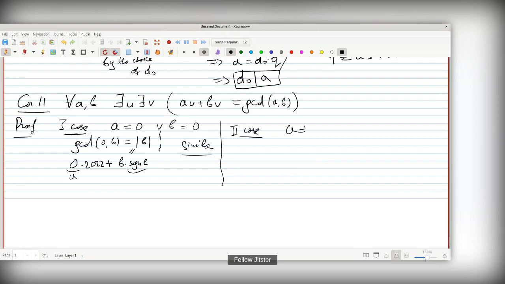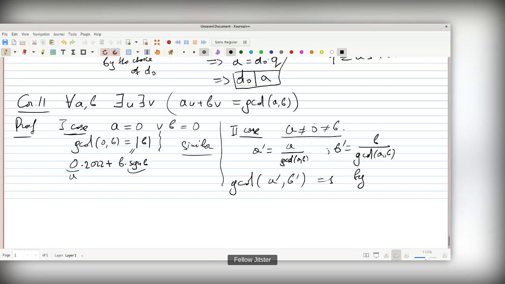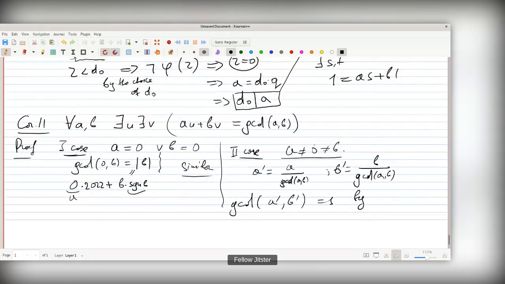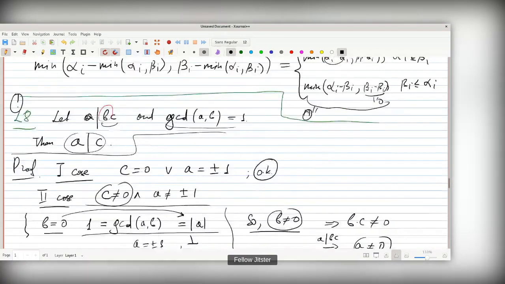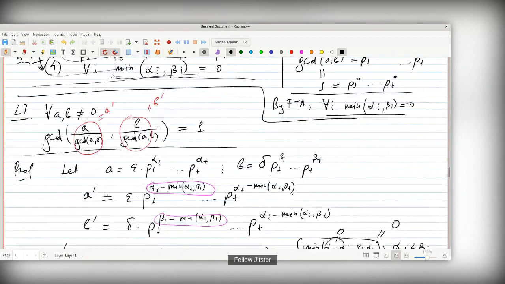And the second case is when neither number is 0. Then we may take A prime and B prime. These two numbers are coprime to each other. We know that. It is by our Lemma 7.